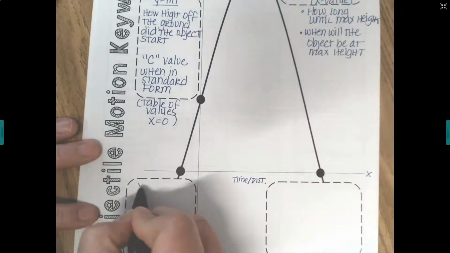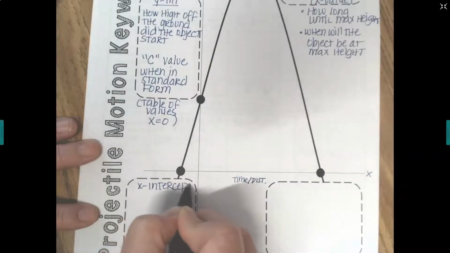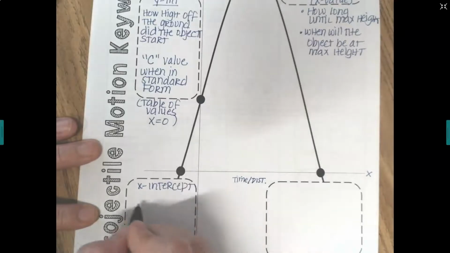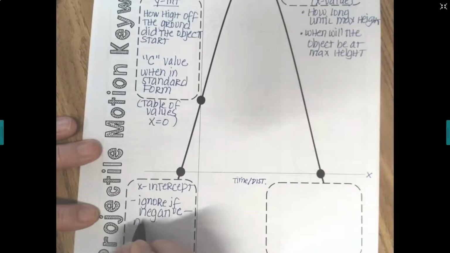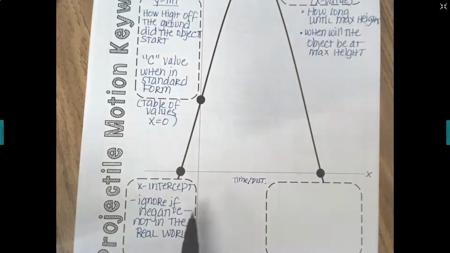So while this is an x-intercept, if the left-hand one is past the origin, we're going to ignore it if it's negative, because that's not real world. Okay, so that x-intercept gets ignored a lot.